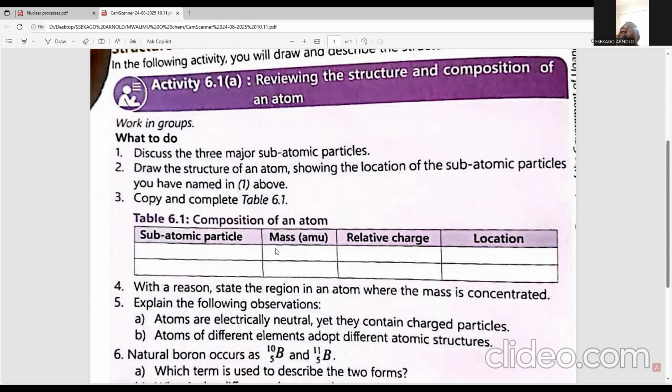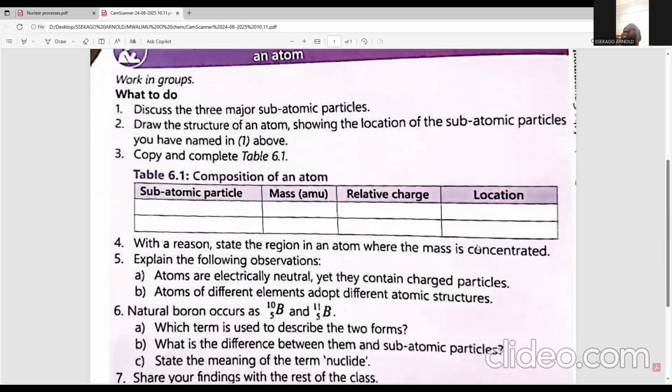You shouldn't hate research. This is information available on the internet, which you can easily access. Then the relative charge, you give the relative charge of Kalema-Bryan. This is also something you can find on the internet. You also give the location of Kalema-Bryan within the atom.